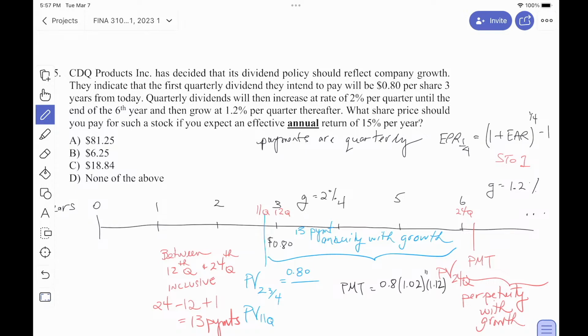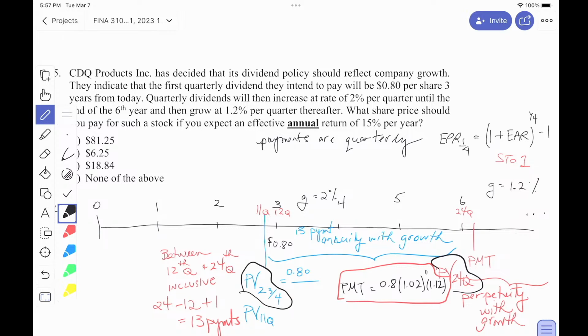I believe that's going to be the payment here. And then you put that in the perpetuity with growth formula using this rate. Now this has to be discounted 24 quarters. This one has to be discounted 11 quarters.